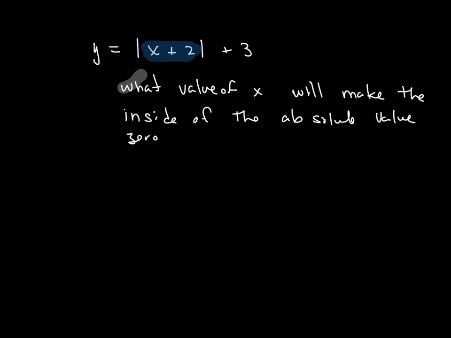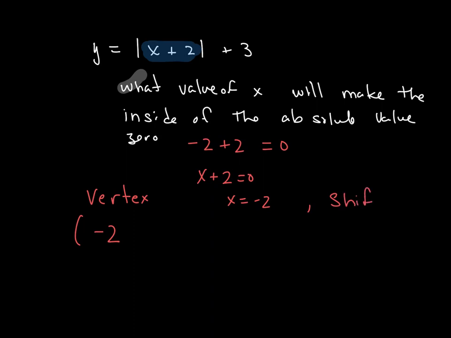If this is a +2, well then, if it was -2 plus 2, that would be the absolute value inside equals 0, or you can think about it as where does x plus 2 equal 0, and that happens at -2. All right, that is our vertex. Our x value for our vertex is -2. It also tells us that this is a shift 2 places to the left. And that's why it's always the opposite of what you see on the inside of the transformation.